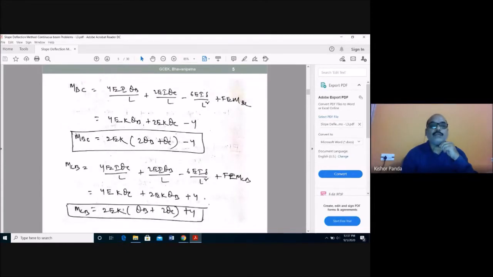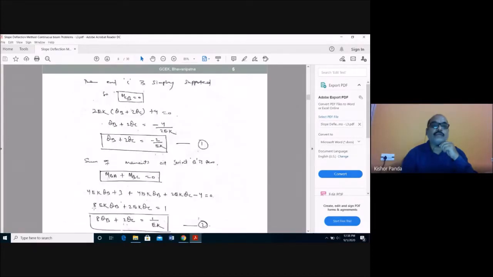And here after putting theta B and theta C, you'll find the moments MBC and MCB. MCB after putting theta B and theta C, you will get 0, because already for a simply supported end, the moment at the end is equal to 0. Already we are taking MCB as 0, and after putting in also you will get the value 0.